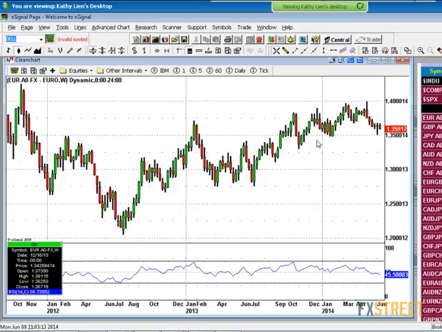You can see that euro has been fluctuating between 133 and 140, with most of the price action contained between 135 and 138 for pretty much the past 9 months.